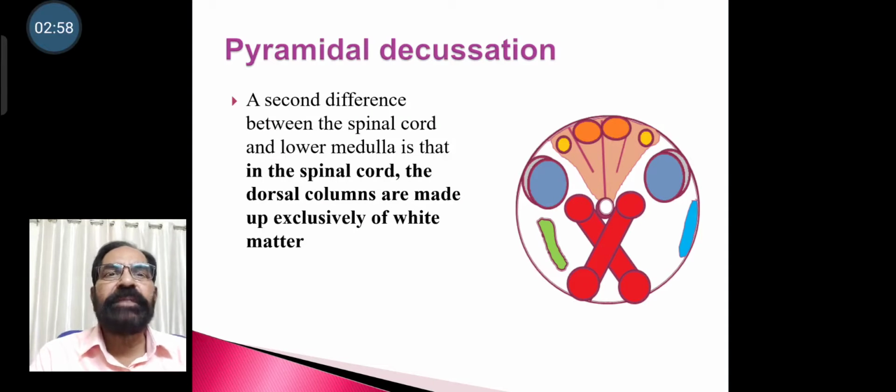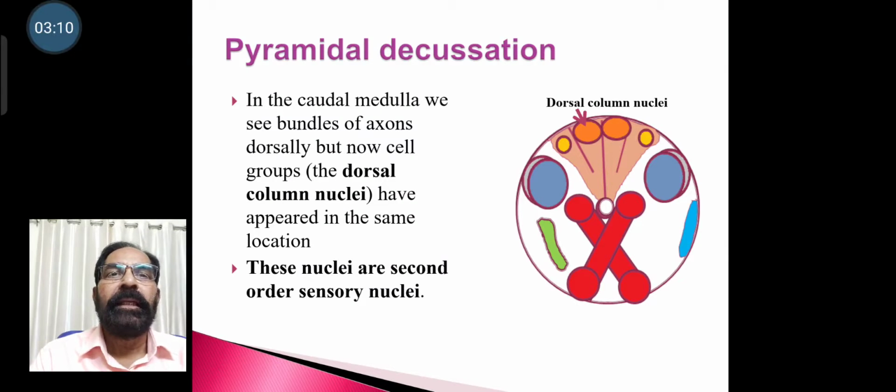A second difference between the spinal cord and the medulla is that in the spinal cord, the dorsal columns are made up of exclusively white matter. In the medulla, we see bundles of axons dorsally, but now cell groups, the dorsal column nuclei, have appeared in the same location.